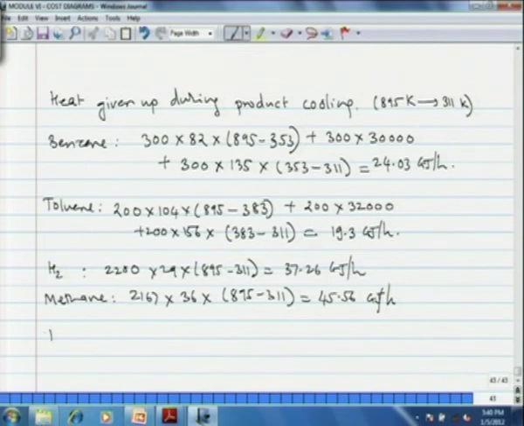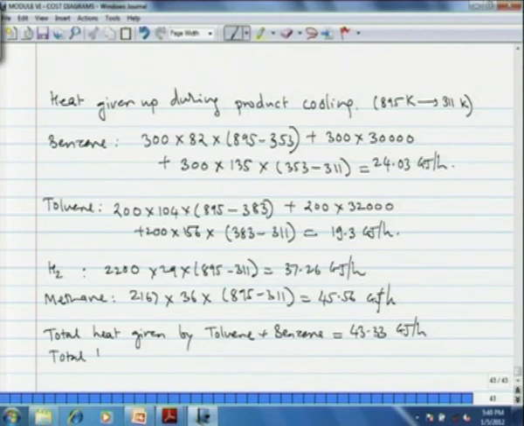Now, the total heat given up by condensable components like toluene plus benzene, which ultimately end up in liquid phase, is 43.33 gigajoule per hour, and total heat given by hydrogen plus methane is 82.82 gigajoule per hour.